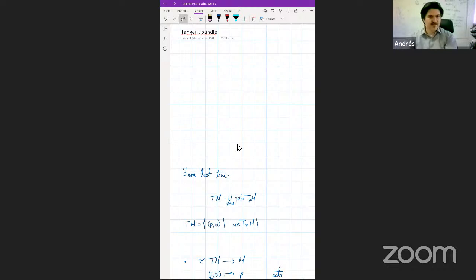Right. So we are now going to see the tangent bundle of a smooth manifold. First of all, I would like to recall all of the concepts. From the point of view of sets, nothing continuous or smooth so far.